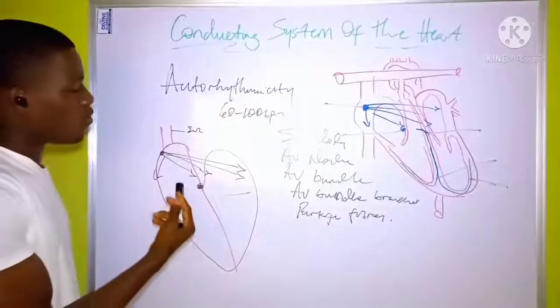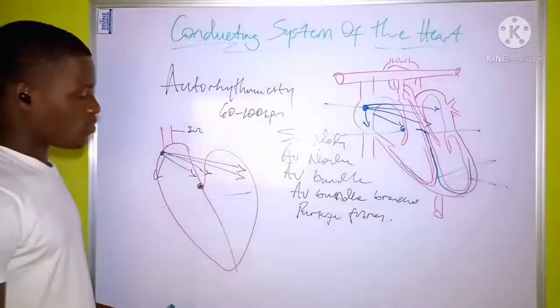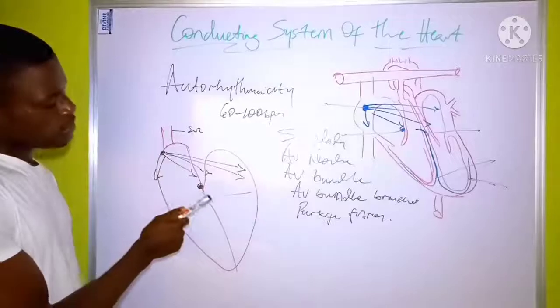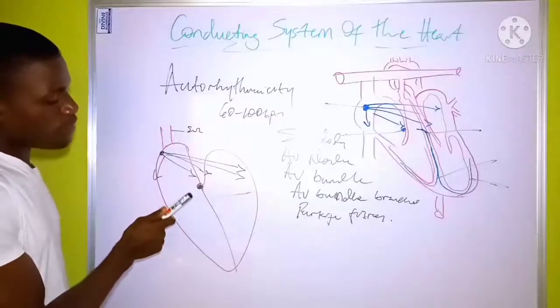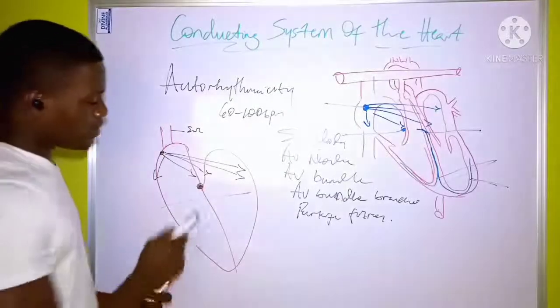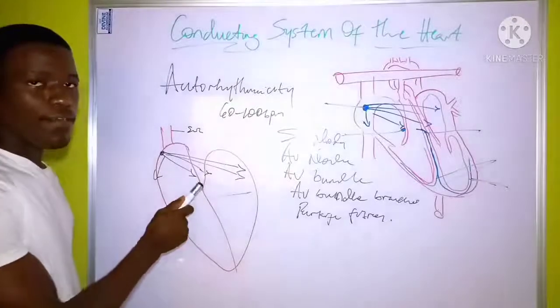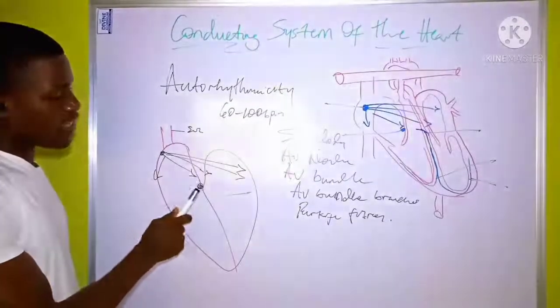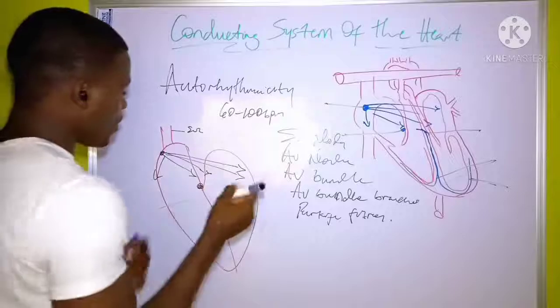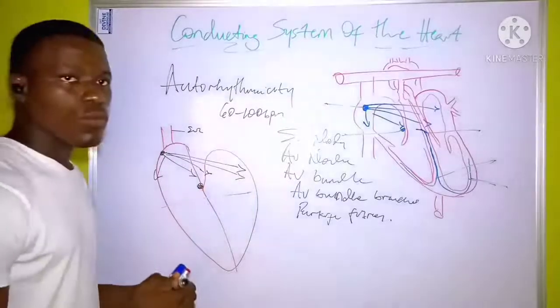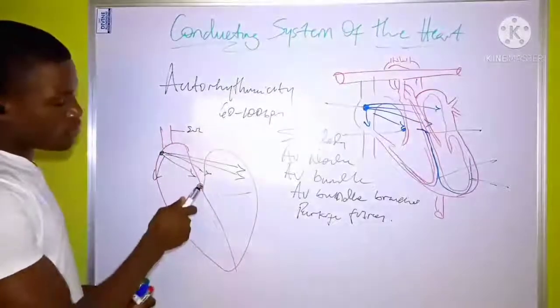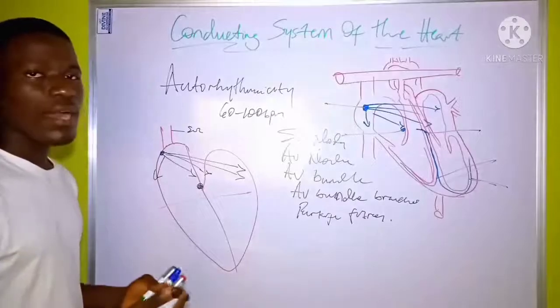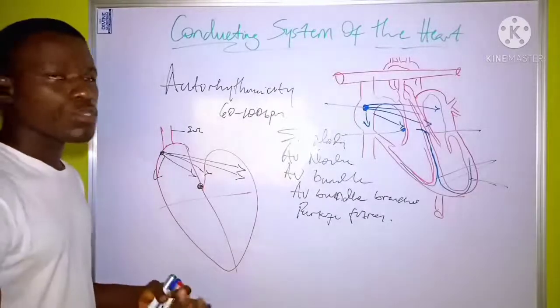That's along the septal wall of the right atrium, immediately above the atrioventricular valve. Remember that it is located above the atrioventricular valve along the septal wall of the right atrium. So the AV node is located on this part, and it also has the ability to generate impulses too.